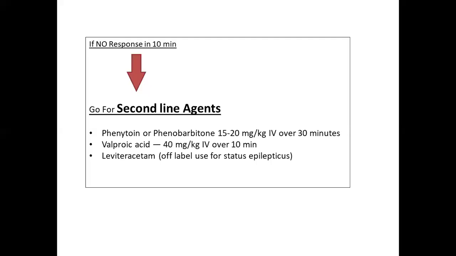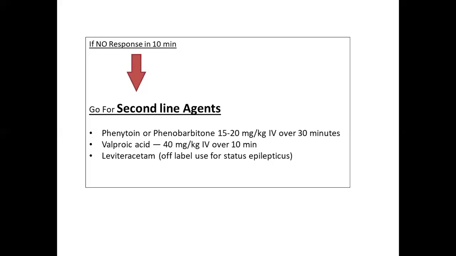Again, what is the first line medication? Benzo, 2 doses. The first dose is immediately following a 5-minute seizure, and wait for 10 minutes. If there is no response, give the second benzo dose, and wait for 10 minutes.